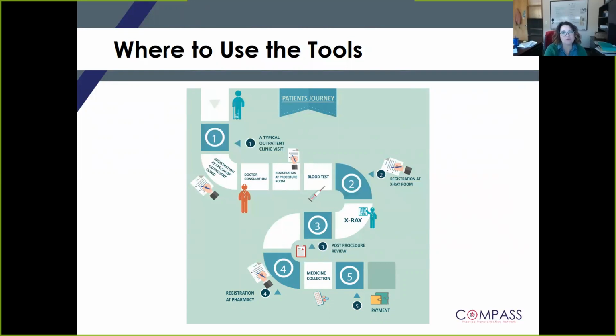Even as we go through the patient's journey and think about person and family engagement, registration at the specialist and outpatient clinic, they're there, filling out forms, or sitting in the waiting room in the lobby. Good. Again, we can use our tools that are there. The other thing I encourage is that I know we're focused on our primary tools for health literacy and patient activation, but let's not forget about engagement and the environment that plays into that.